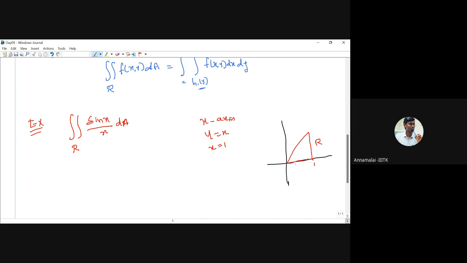Now we know the limit for x. So x varies from 0 to 1. y varies from 0 to x, depending upon this.